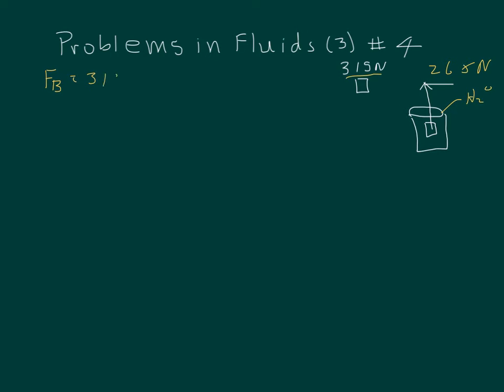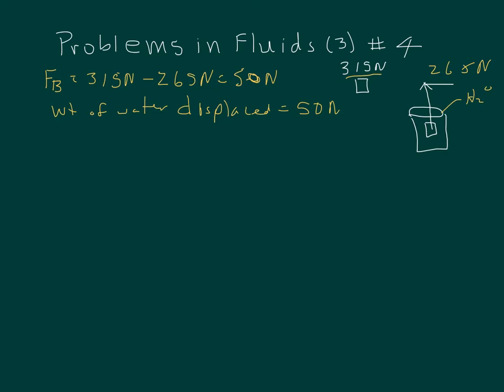That will be 315 newtons minus 265 newtons, which is 50 newtons, and that's the buoyant force of the water. The buoyant force is equal to the weight of the water displaced. So this is the weight of the water displaced, and that will be 50 newtons.